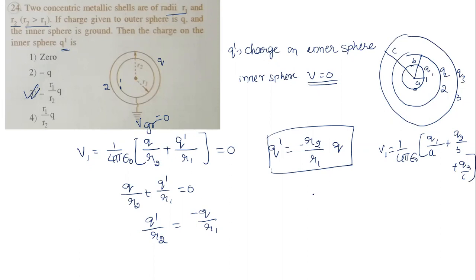But if I find the potential of the second sphere, a difference will come here. For the second sphere, the charge is Q2. Is the potential of the second sphere on its surface and inside the same or different?